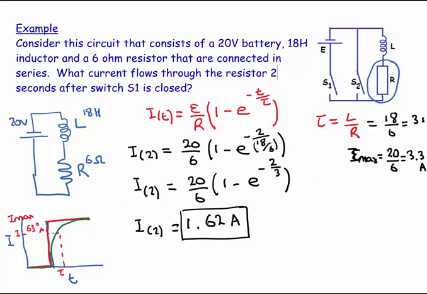I should be less than 63% of that, and 1.6 divided by 3.3 is equal to 48%, which kind of makes sense. I'm somewhere in there.